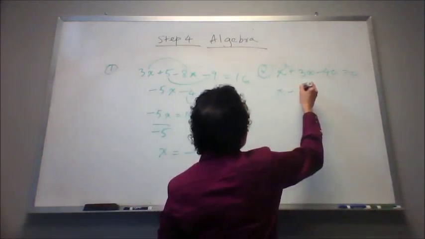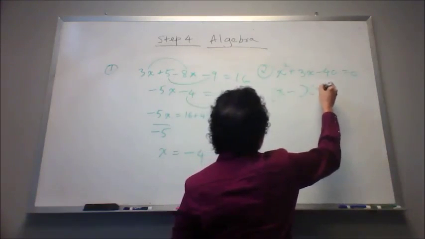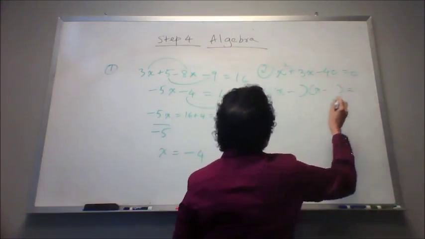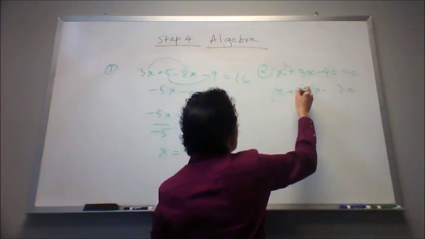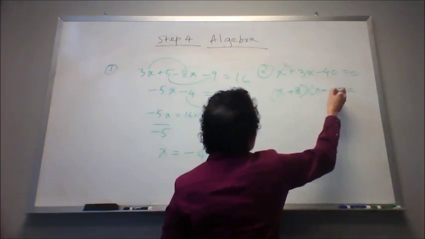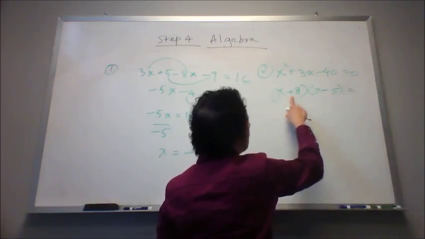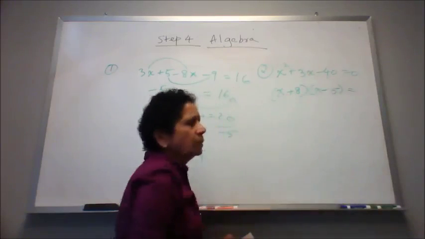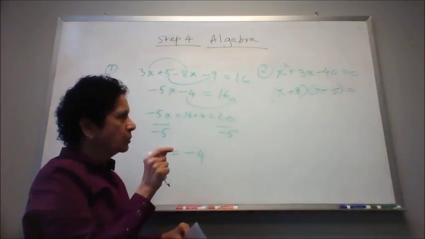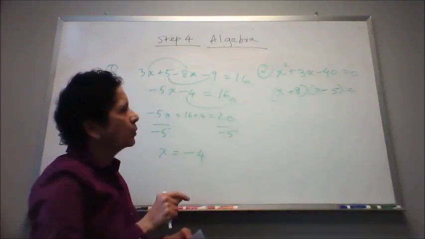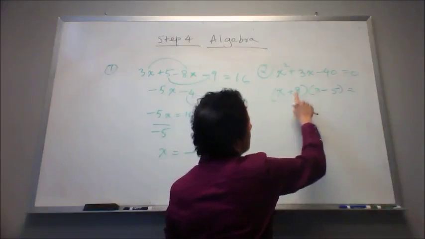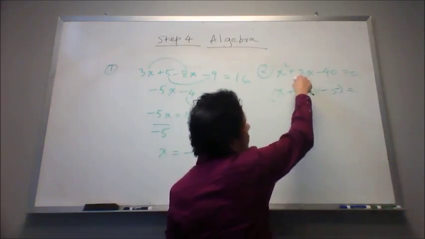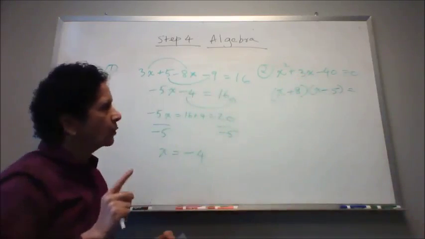What you need to do is find two constants. If you take plus 8 and minus 5, 8 times minus 5 is minus 40. So the product of the two numbers should be equal to that number with the sign. And when you take 8 minus 5, that is plus 3, you have that in the middle. So that's how you factor that.